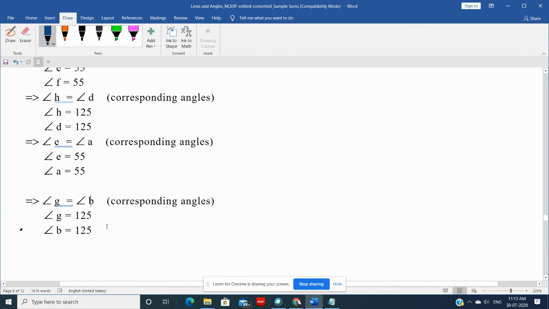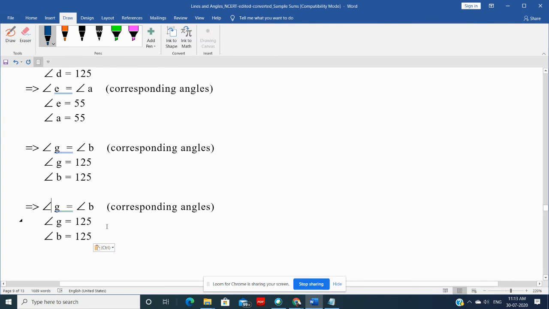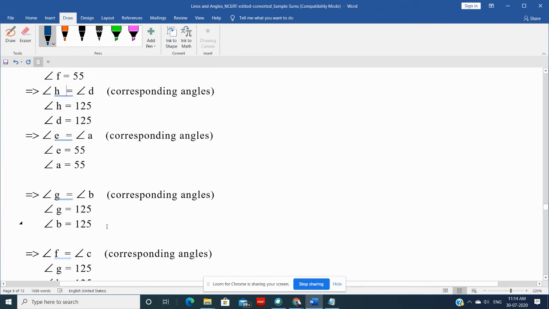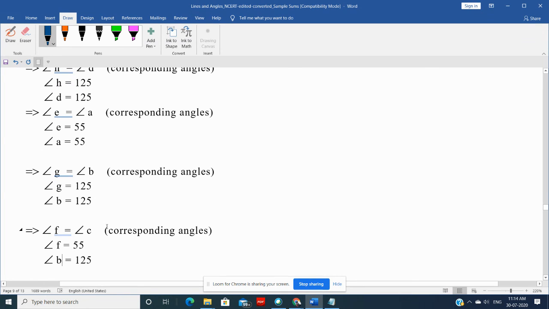So let's write it down. F and C, angle F and angle C. F is 55, so naturally C is also 55.